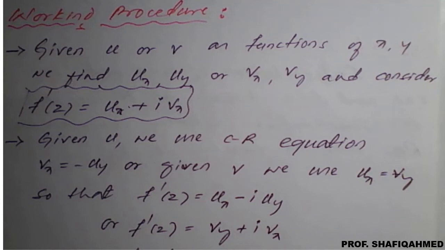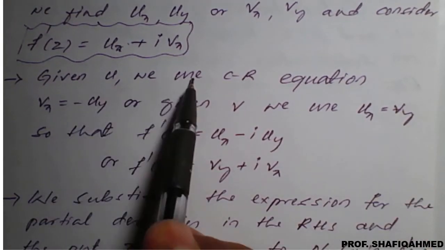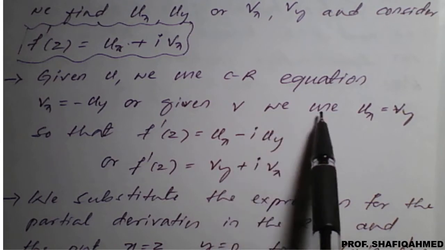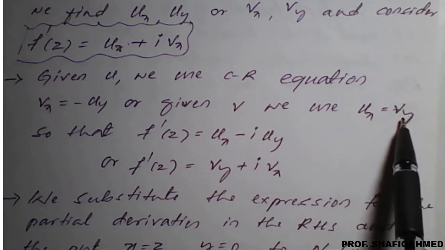That we'll see here in step number 2. Given u, we use the CR equation, that is vx is equal to minus uy, or given v, we can use ux is equal to vy.